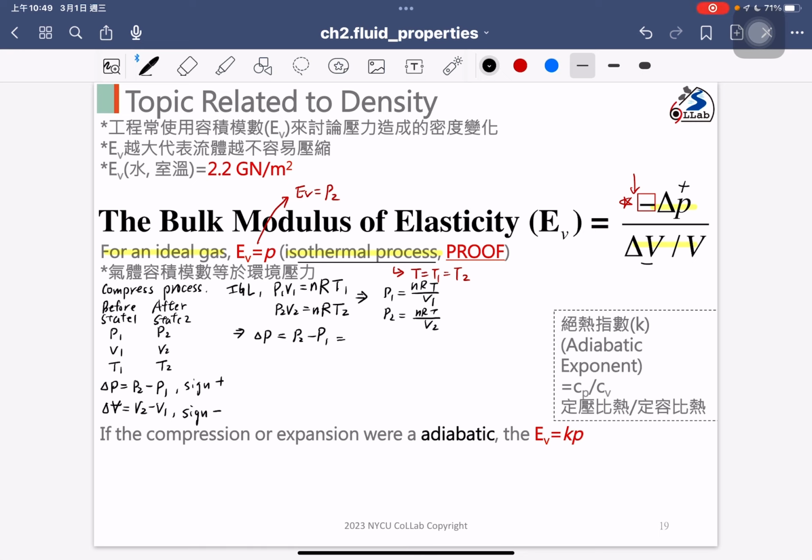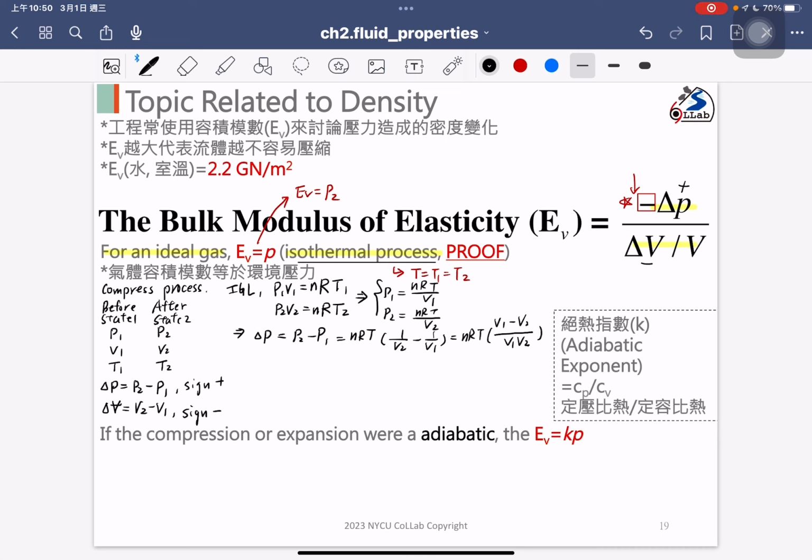So I use the following two equations showing here. I take the same parameter outside, and inside I only have 1 over V2 minus 1 over V1. And I can reorganize the equation to be V1 times V2 on the bottom, and on top is V1 minus V2.